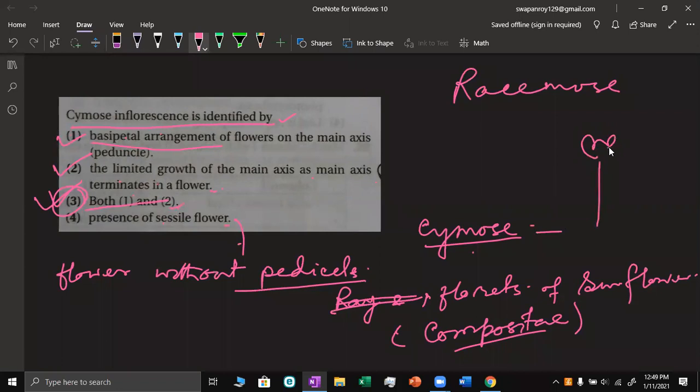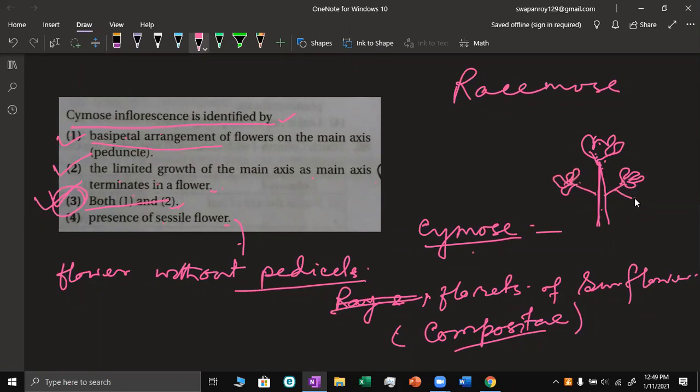Here is one flower, the growth of the main axis ends here, and then it gives rise to a lateral branch, and this lateral branch growth also ends in a flower.